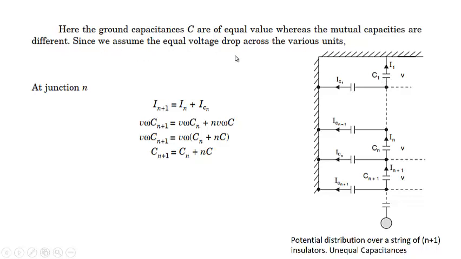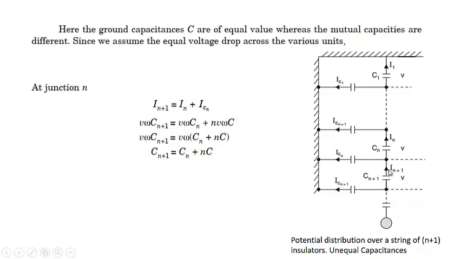Since we assume equal voltage drop across the various units, the voltage across each unit will be V. So this is the nth capacitance, this is the nth ground capacitance. From here to here, the total voltage will be N times V. That means N times V voltage will appear across this capacitance.